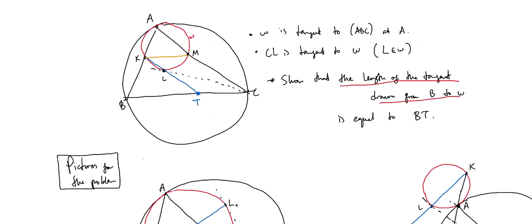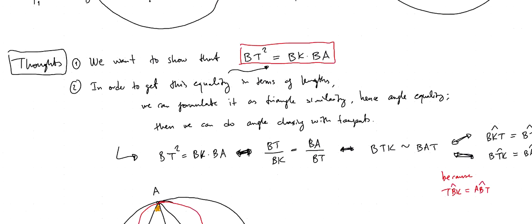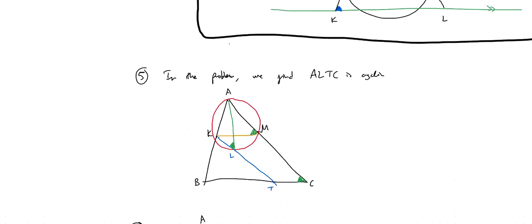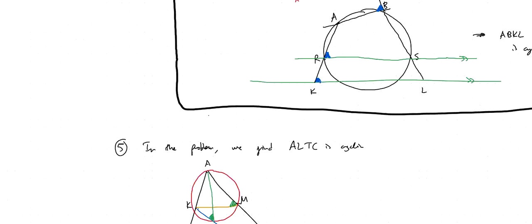The first thing we found is this point M. Now using this point M, the next thing we found is cyclicity of ALTC. ALTC is cyclic because, where is it? Yeah, it's here, these angles.